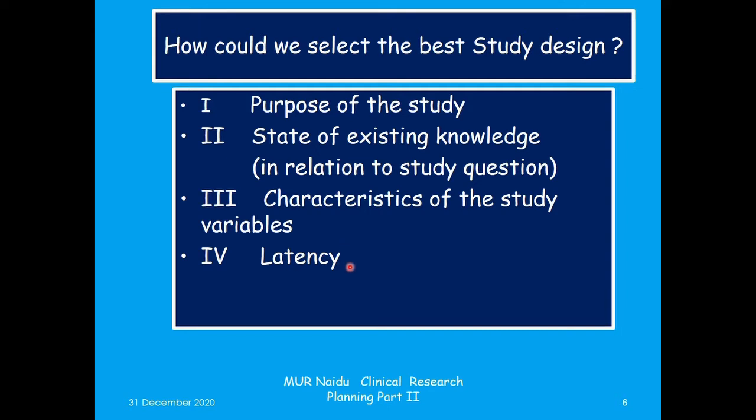So if it is a short clinical trial, the trial design will be different as compared to a clinical trial which is very, very long. And the last one, which is very, very important, is the possible feasibility of conducting a particular clinical research. So depending on these 5 factors, the study design has to be thought of or prepared.